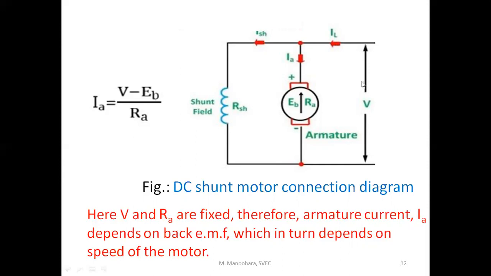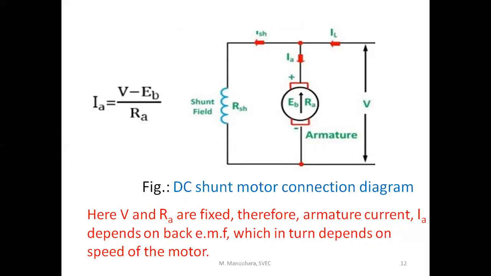If you apply Kirchhoff voltage law to this armature loop, here the applied voltage is V. This is the rise voltage. Rise voltage is equal to the sum of the drop voltages. Here the drop voltages are EB and, due to armature resistance, IA RA, two drops. So V equals EB plus IA RA.